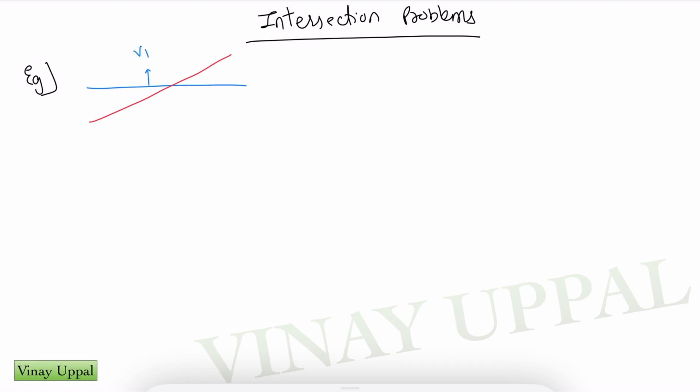The red line is translating downwards perpendicular to the line with velocity v2. The blue line also has a velocity perpendicular to the line itself. So the question is asking us, find the velocity of the point of intersection.